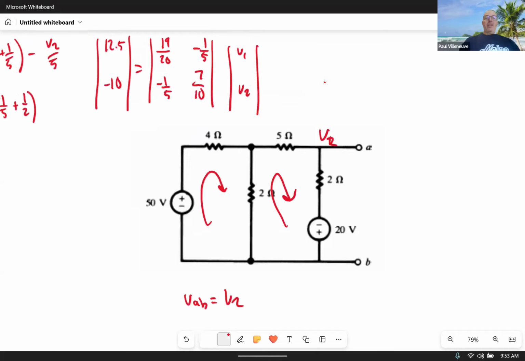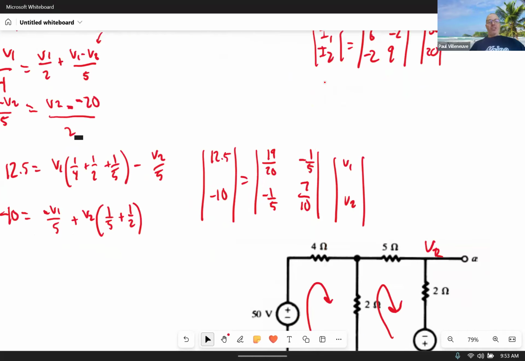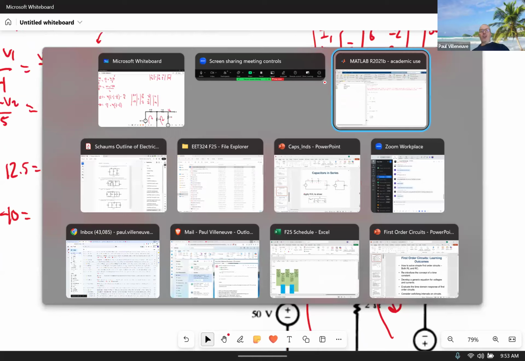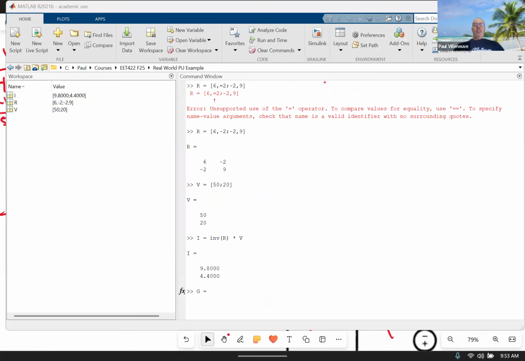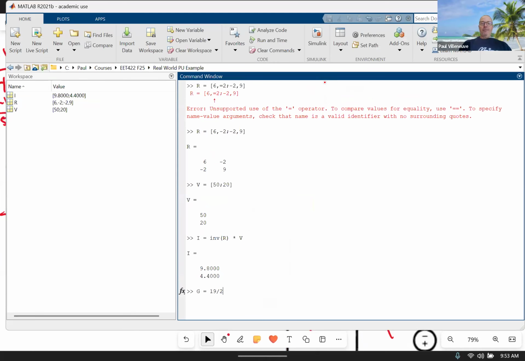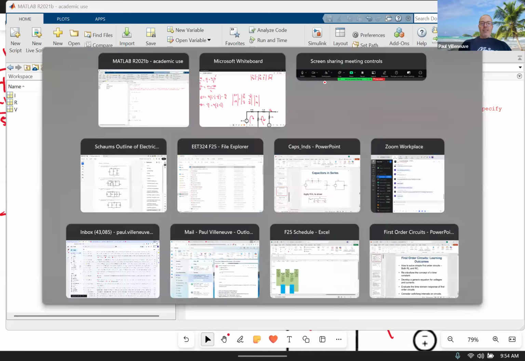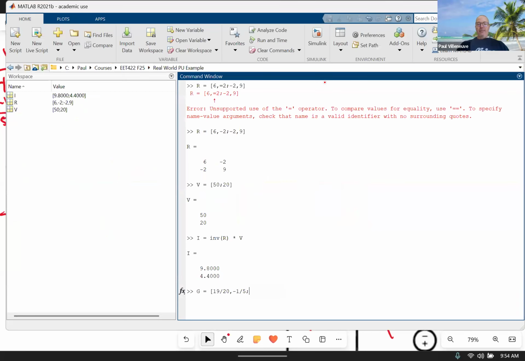So let's go back up over here, and we're gonna plug in this equation here, and we're gonna solve for V1 and V2. So my Y matrix, or my G matrix, which is the inverse of my resistance, 19 over 20. Minus 1/5. I think it was minus 1/5 and 7/10.